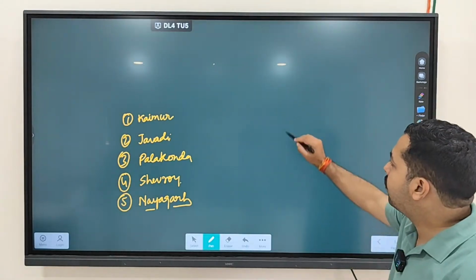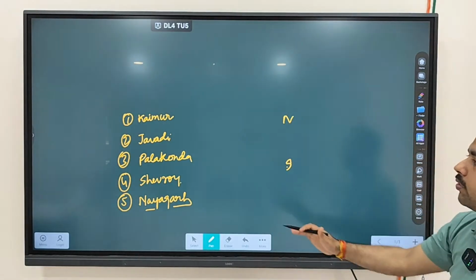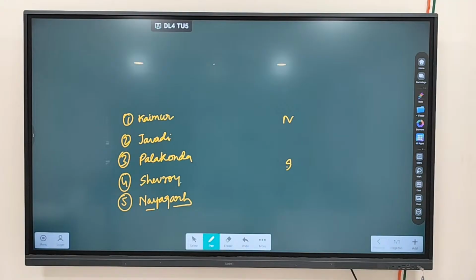Arrange the following mountain ranges from north to south.